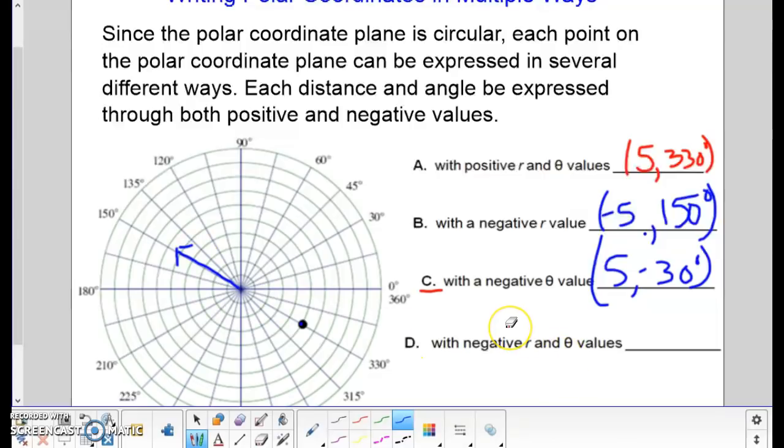My radius is going to be -5 because I'm looking away from the point. But instead of measuring the angle this way to get to 150, we're going to measure the angle in the negative direction. The red arrow shows you a -210. So it's going to be -5, -210 degrees. Or I could put these in radians.